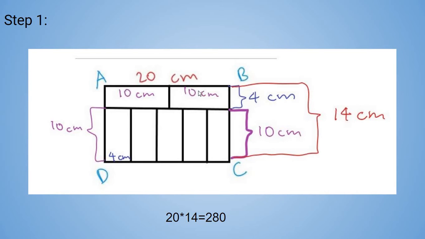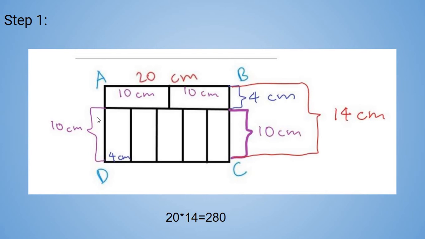We know the longer side of the smaller rectangles is 10 centimeters. So we know this part right here is 10 centimeters, and this part right here is 10 centimeters, this longer side. But we're not done with the whole length yet. We just need to find this length, so we can add these up and find the area of the entire rectangle.